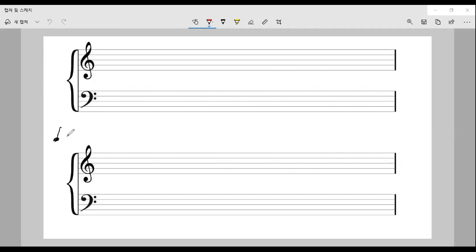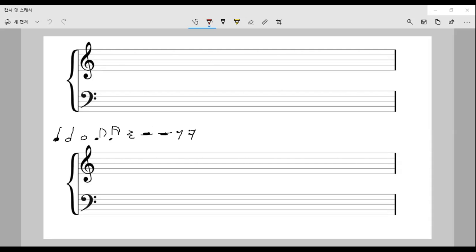Quarter note, half note, whole note, eighth note, 16th. Let me stop here. And then the rests: quarter rest, half rest, whole rest, eighth rest, and then 16th rest.